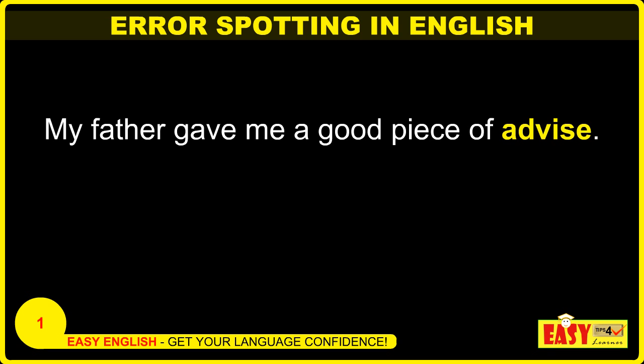So that is the verb form. He advised his friend. In this case, the spelling would be A-D-V-I-S-E-D. My mother advises me a lot. So here it takes the verb form. So verb form, the spelling would be A-D-V-I-S-E.